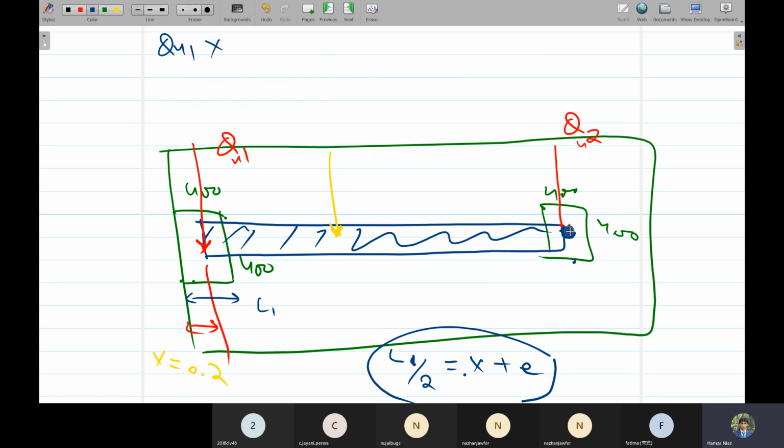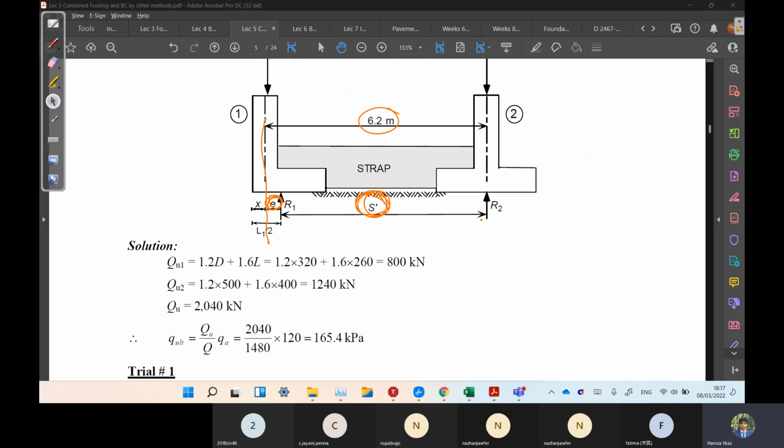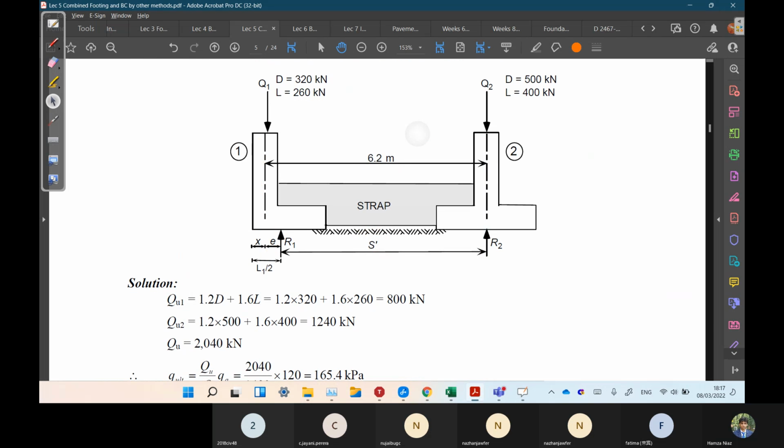Q1 into, sorry, this whole distance, this would be 6.2. That is equal to R1 times this distance. This distance is S bar. Q1 times 6.2, this distance.